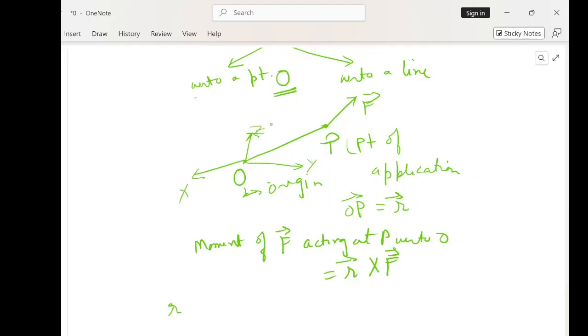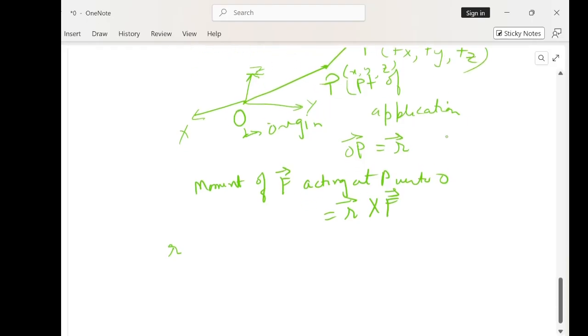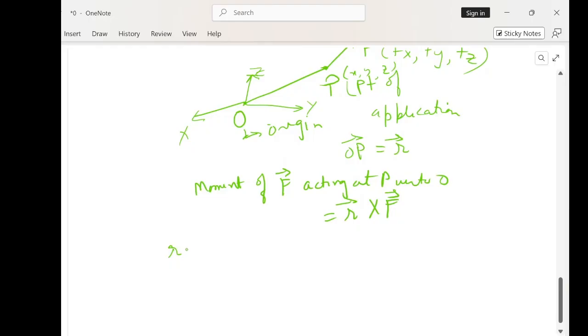R is some point X, Y, Z, this point P is some X, Y, Z, and F, as we have seen, we can decompose it into Fx, Fy, Fz. Then R cross F is easy to calculate, just like any cross product of two vectors.